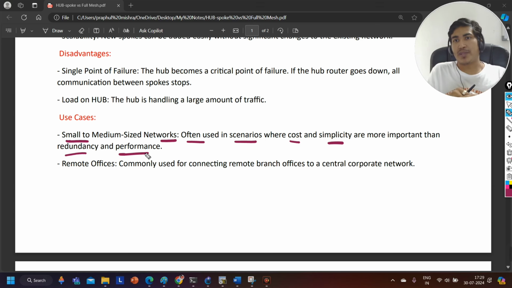So for those types of organizations, hub and spoke topology is suitable, right? So always keep in mind, a company for which cost and simplicity is more important than performance and redundancy will use hub and spoke topology, right?